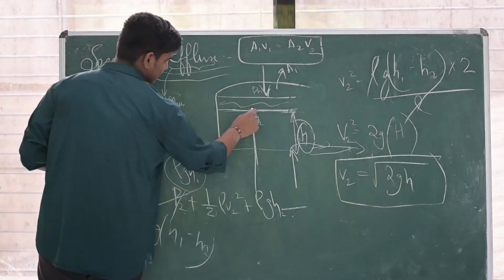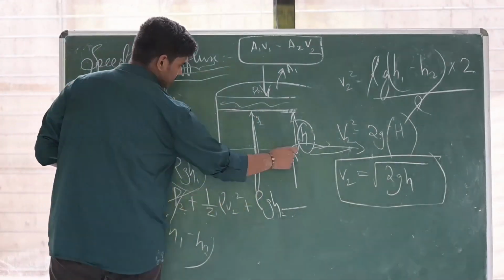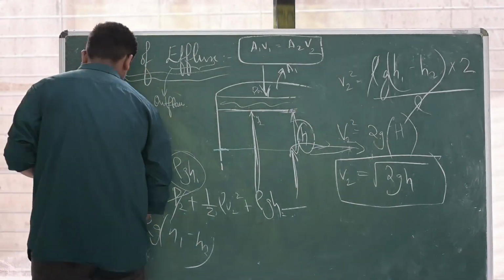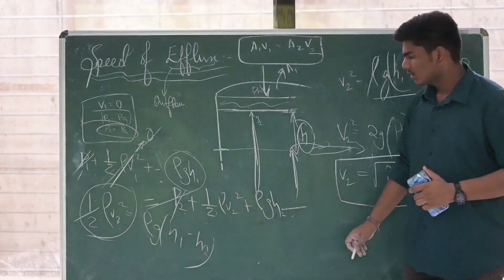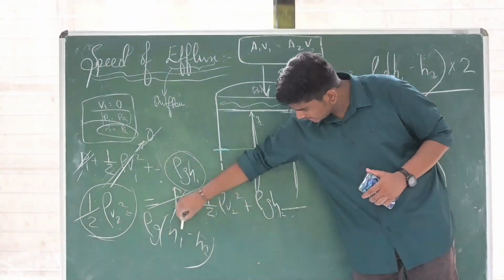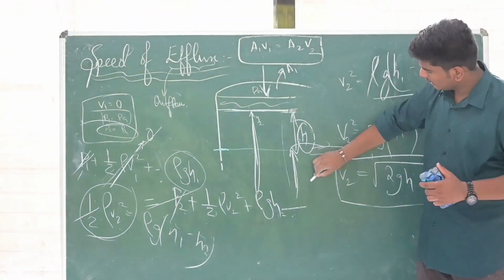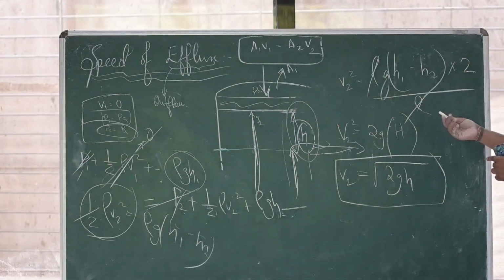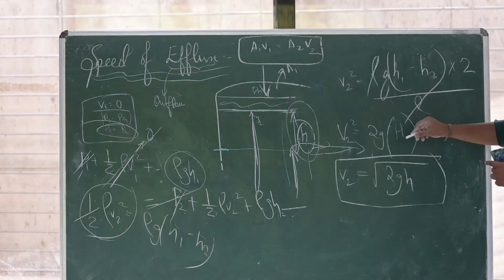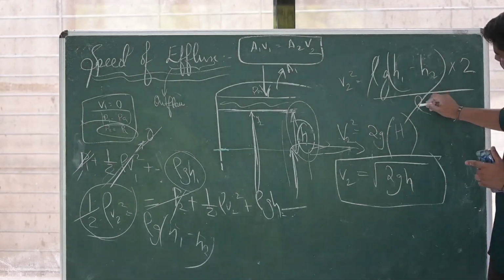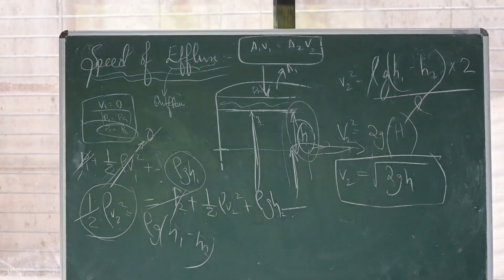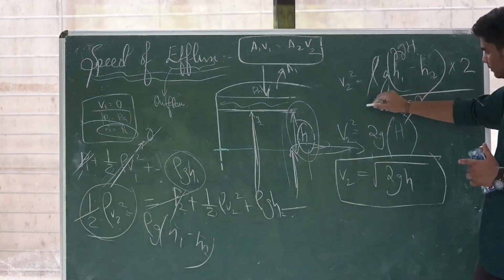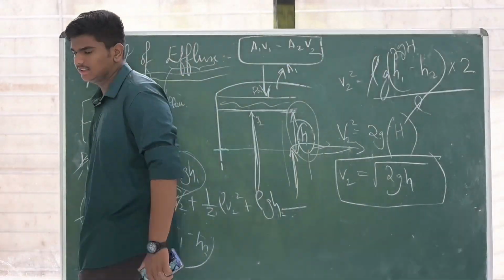Now rho G H1 minus rho G H2 will result in half rho V2 square. We'll take rho G common, so H1 minus H2, we will get one capital height H. So V2 square is equal to rho G H into 2 by rho. Now rho will get cancelled. So V2 square is 2GH, so V2 is equal to root 2GH.